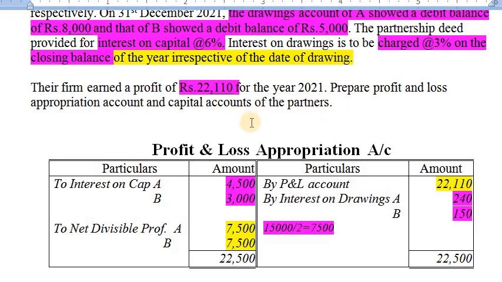And now we will go to prepare profit and loss appropriation and capital accounts of the partners. The question doesn't say whether it is fixed or fluctuating capital. Do not assume the capital is going to be fixed, or try to open the current account. Just do it normally. Just start to do the normal capital accounts.